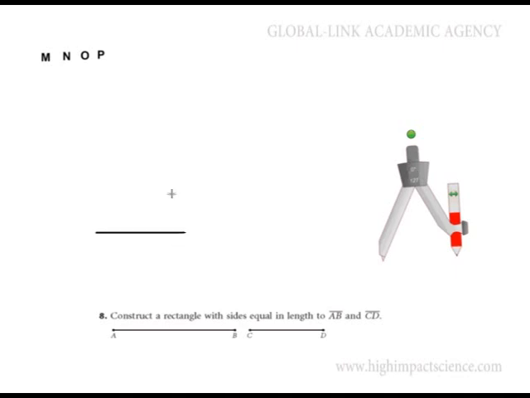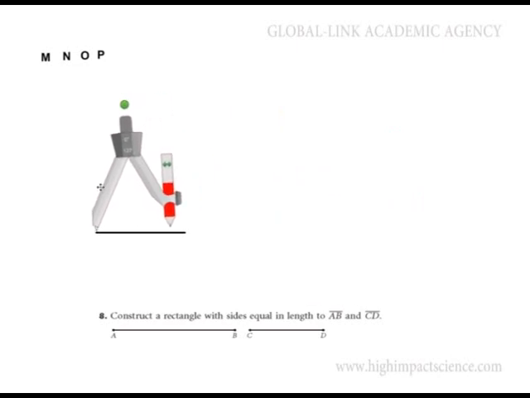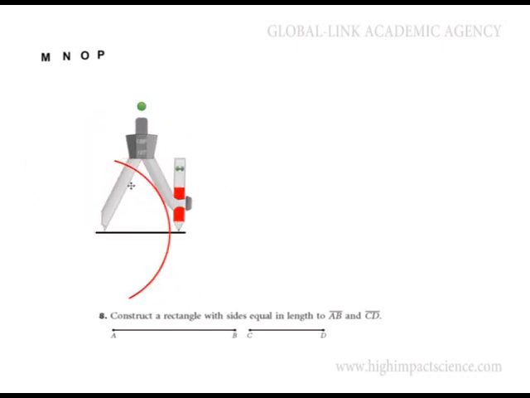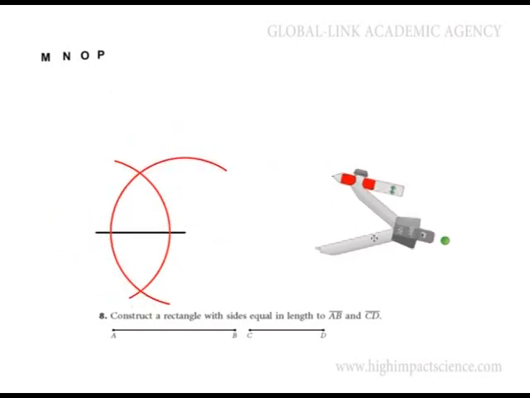First is the line segment, and we construct a perpendicular to that line. So arc, and another arc, and then the line, the perpendicular bisector, and we should be having an angle of 90 degrees.